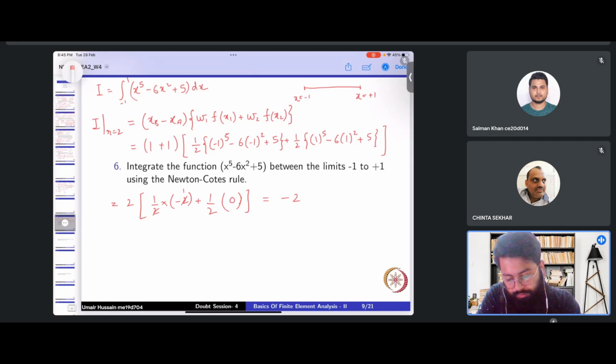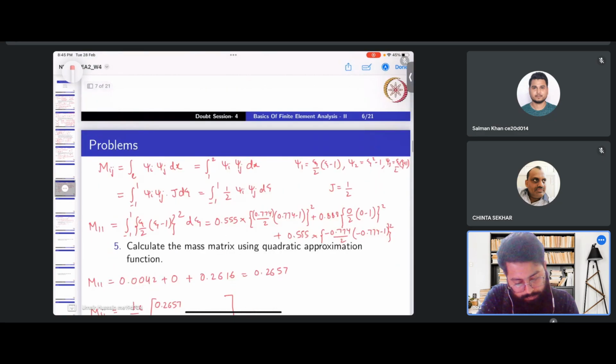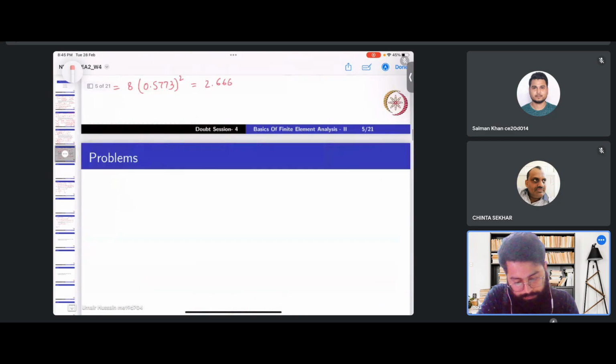So we can try do one thing also. You can check it using Gauss quadrature rule. So if we have r equals to 2 there, since the integral limit is already between minus 1 to plus 1, what we have is weight is 1. The value of function is for Gauss points are plus minus 0.5773, right? Yeah.